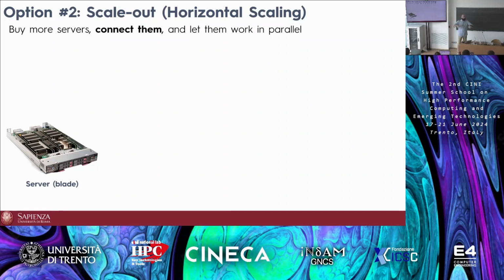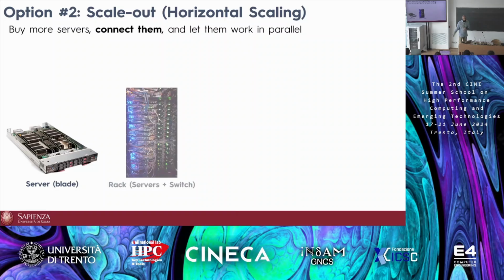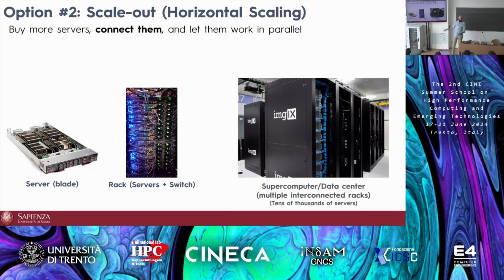They're called blades. You put many of them one on top of the other in a rack. A rack is something like this, actually. So you just put a lot of servers there, you put a network switch, and you connect these servers together. And then you take one of these racks, you copy paste, and you have hundreds of them. And you build what is called a supercomputer. So that's basically it.